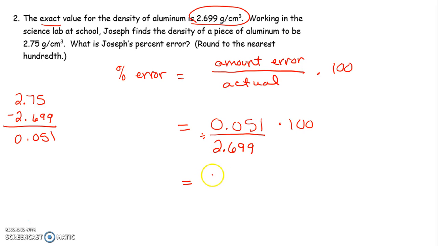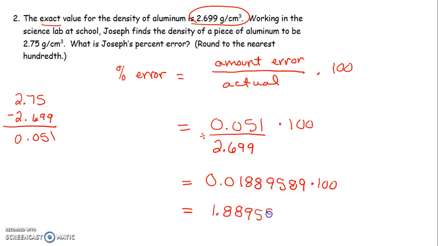And you get this crazy decimal, 0.01889 times 100. So when you multiply that by 100, you go ahead and move that decimal point 2 places to the right. 1.8895874%.